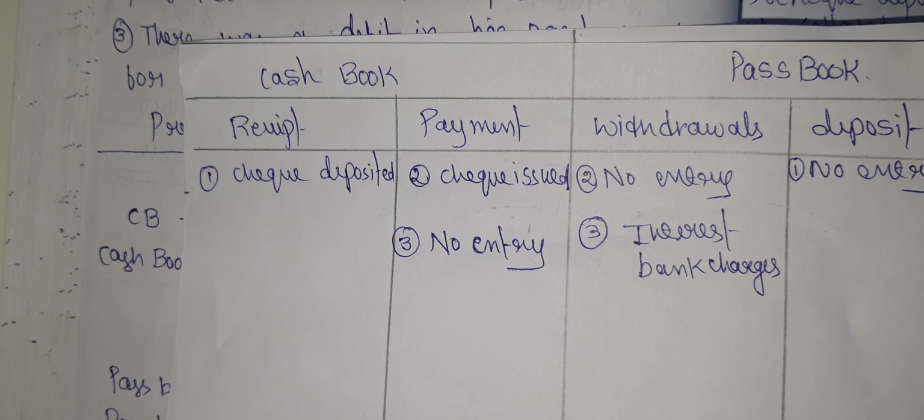What about the unfavorable balance? In unfavorable balance, two steps are the same. The first step is we record the transaction, the second is the comparison of cash book and passbook, and the third step is the effect on the same book that is mentioned in the problem.